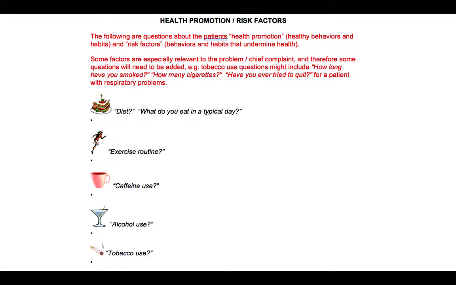If it's relevant to the case, especially, you want to have more detailed answers. So you want to have good answers to good questions, and not leave it up to the standardized patient to improvise.